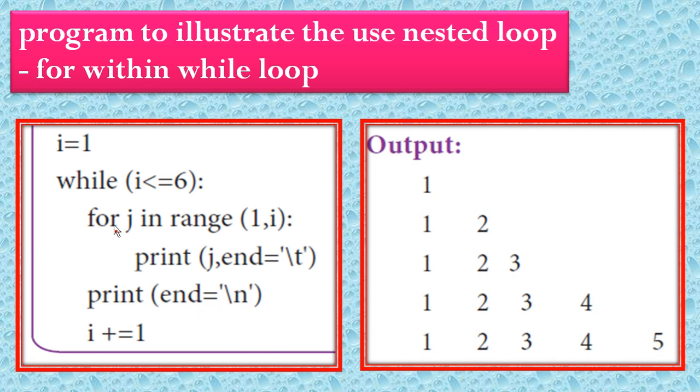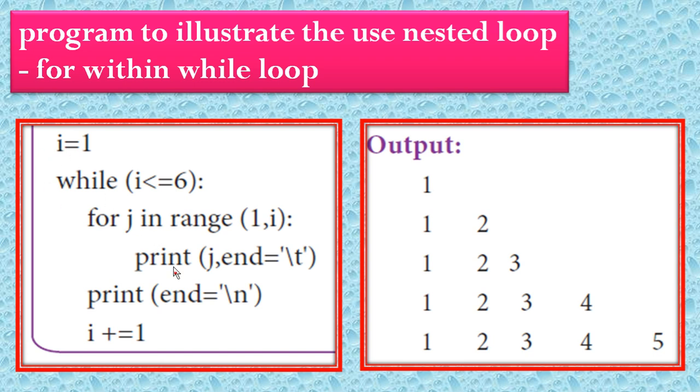So, the control transfers from the for loop. Now, the print statement is generated. So, end equal to backslash n. Backslash n means a new line is printed here. So, in the next cycle, 1 and 2 is printed in the next line.